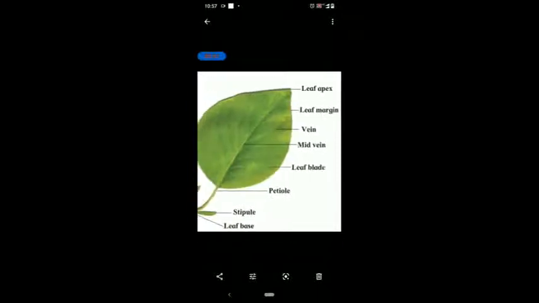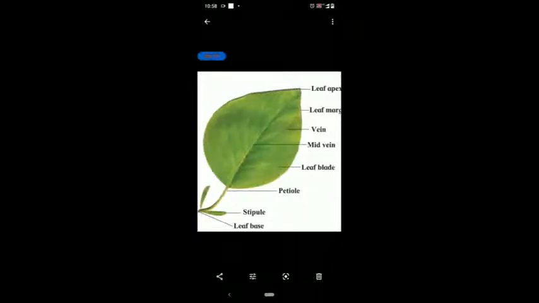Now the tip of the leaf: the leaves are tapering and end with a pointed tip. That point is called the leaf apex, and the border of the leaf is called the leaf margin.